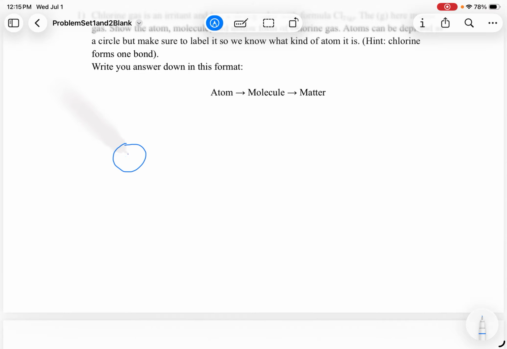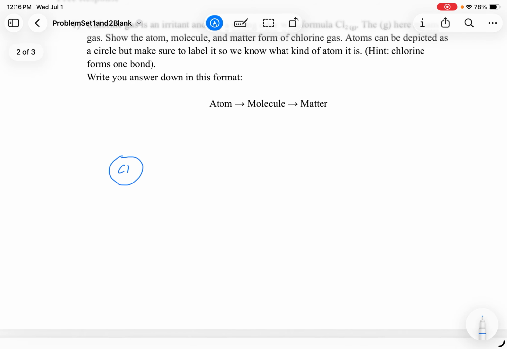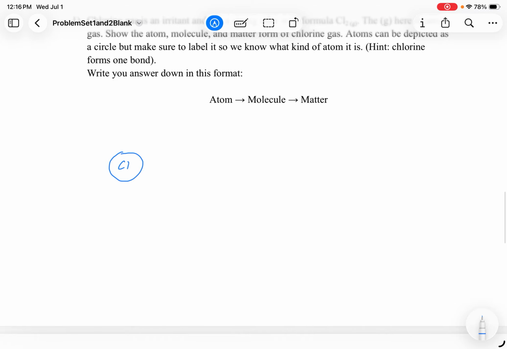So this is a chlorine atom. Like the question said, atoms can be depicted as a circle, but make sure to label it so we know what kind of atom it is. So this is a chlorine atom. And we're going to have to draw the arrow, and the molecule, like I said, two chlorine atoms bonded together.